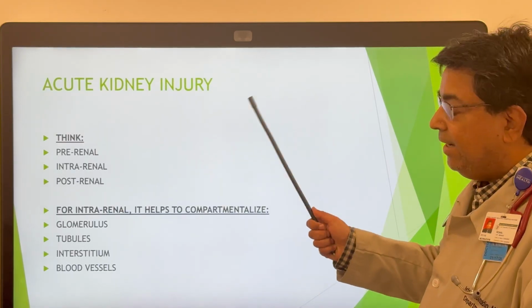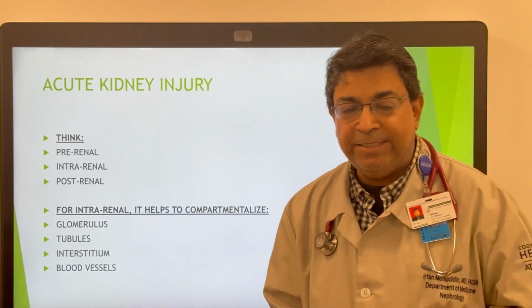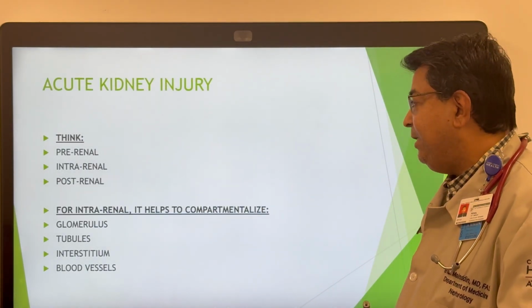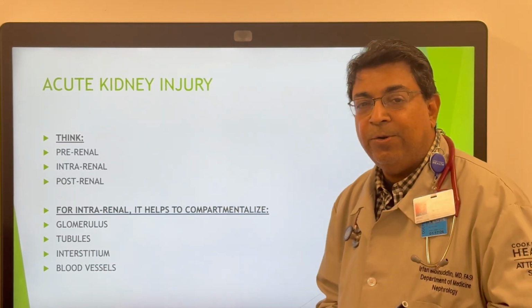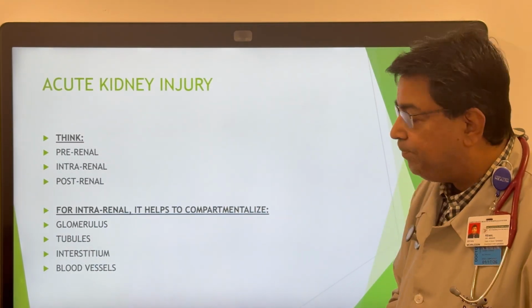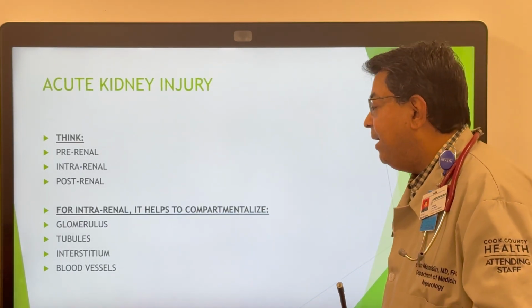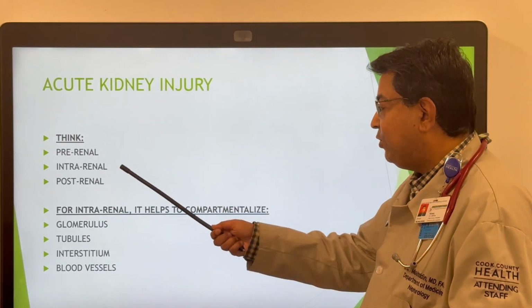This session is geared towards acute kidney injury and chronic kidney disease and the various individual etiologies that are usually seen in the acute kidney injury scenario and in the CKD scenario. So when you have acute kidney injury, you want to think pre-renal, intrarenal, or post-renal.